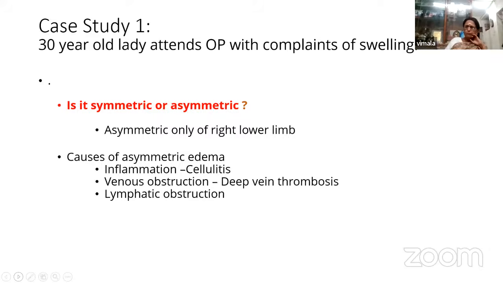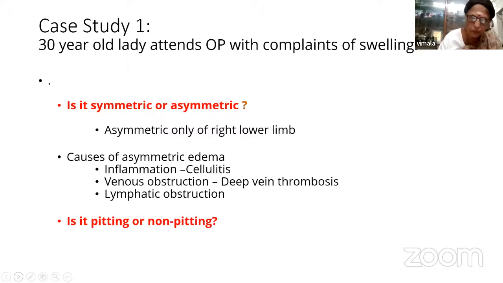If there is a block of the veins that drain the fluid, as in deep vein thrombosis, it can also produce local swelling. As we said earlier, the lymphatic obstruction can also produce asymmetric edema. So the 3 important major causes for asymmetric edema are inflammation, venous obstruction, and lymphatic obstruction.